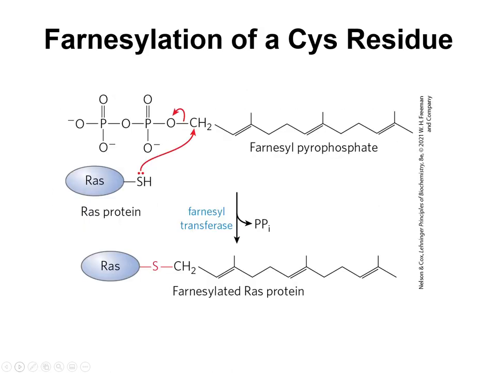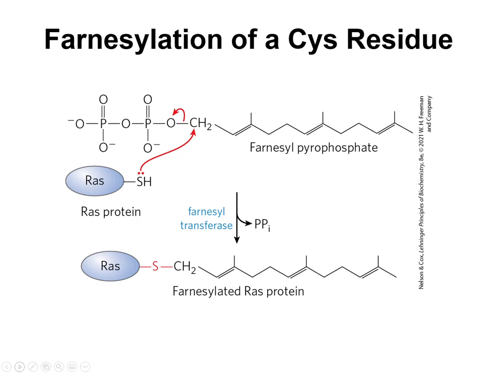So this is just an example of the farnesylation of a cysteine residue. There's a cysteine hanging out near the C-terminus, and there are isoprenyl phosphates that are intermediates in making cholesterol. Some of those intermediates are siphoned off to modify proteins.